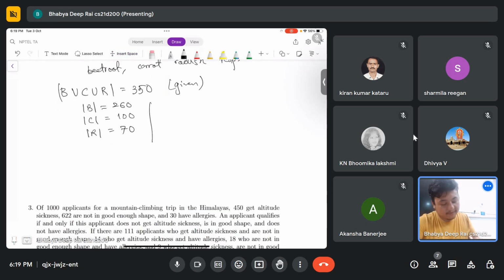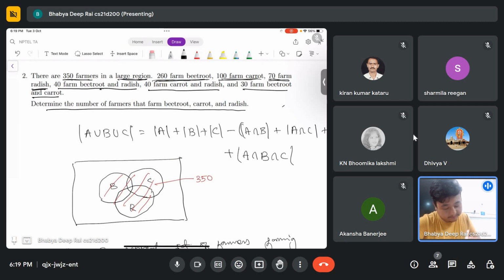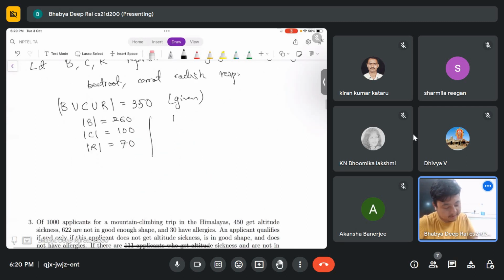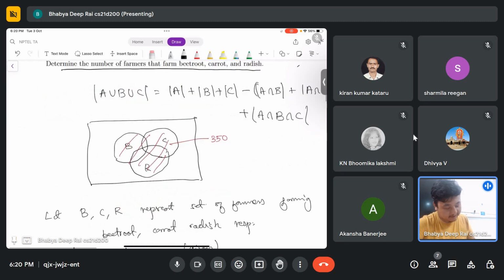Next, 40 farm beetroot radish, 40 farm carrot radish, 30 farm beetroot carrot. So B intersection C, C intersection R, and R intersection C are respectively 40, 40, 30.